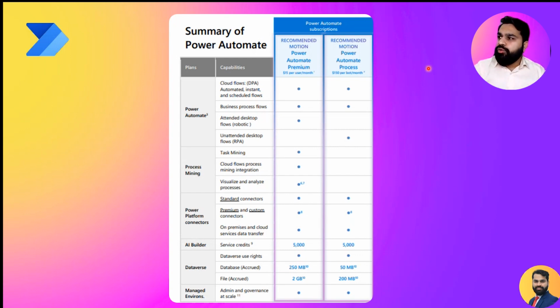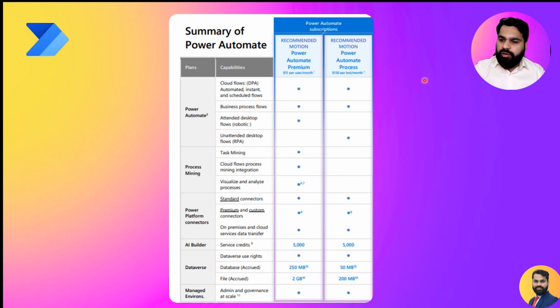Now, who would be able to run this? A user who has a Power Automate Premium license allocated to them will be able to run this flow. Now, I do not want to assign all the users the Power Automate Premium license. What is the other way?